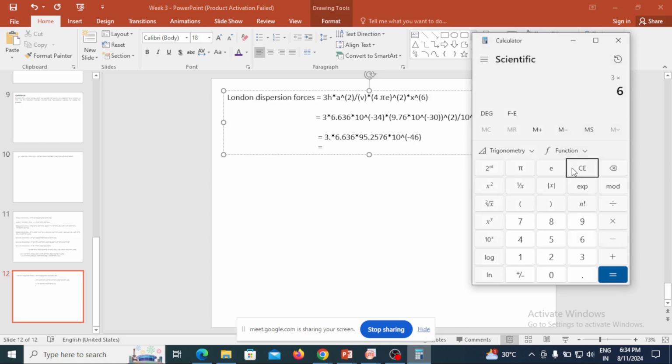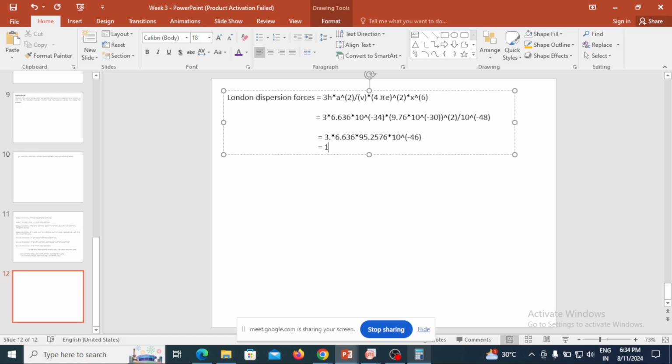So this will be 3 times 6.636 times 95.2576, which is 1896.38 times 10 to the power minus 48 joules. Oh, this should be minus 46.